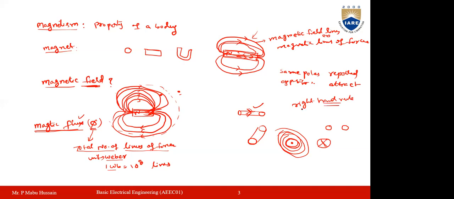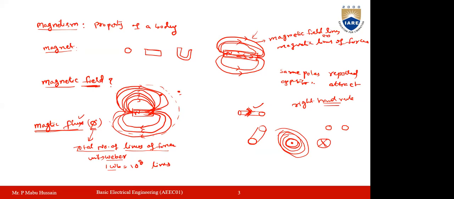So you can use the right hand rule to represent the direction of this magnetic field, right? How? You just hold your conductor in your right hand, such that the thumb will be pointing in the direction of your current, and the curled fingers will represent the direction of flux.